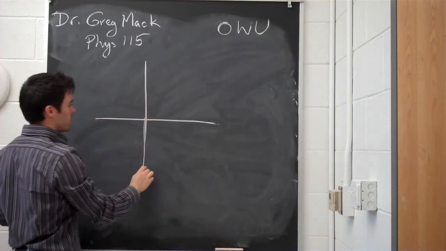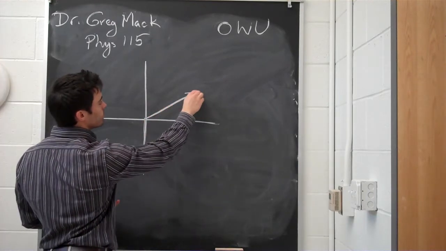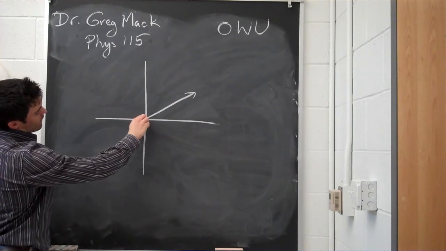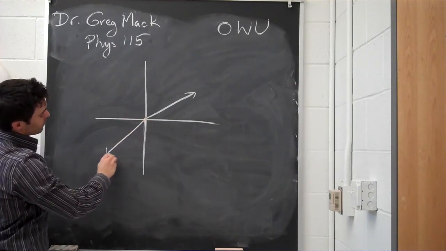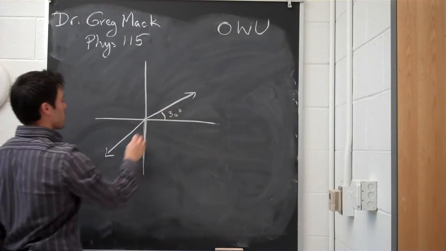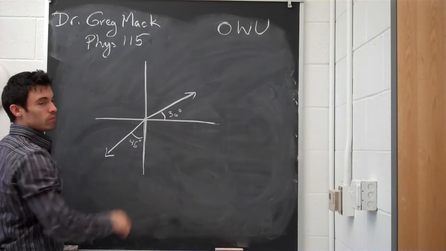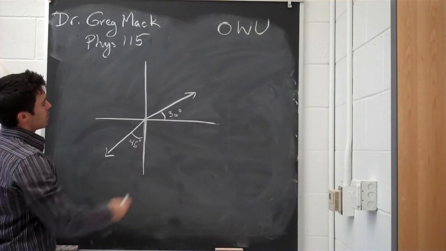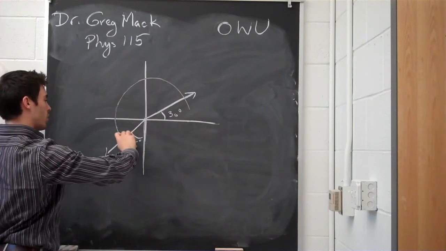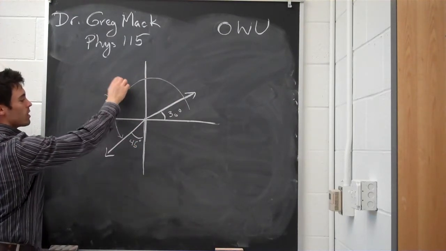So if you had two vectors, say that one was over here, and you had another one that was, let's say, over here, and this was maybe 30 degrees, and this was 45 degrees from here, which would make it 180 plus 45 all the way over, or 225 degrees.